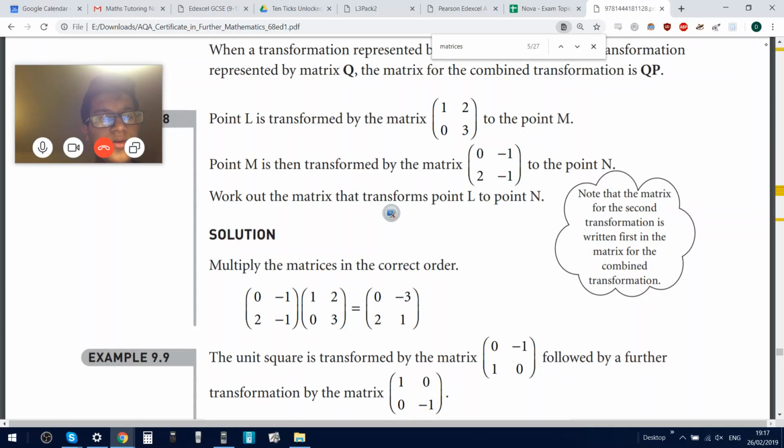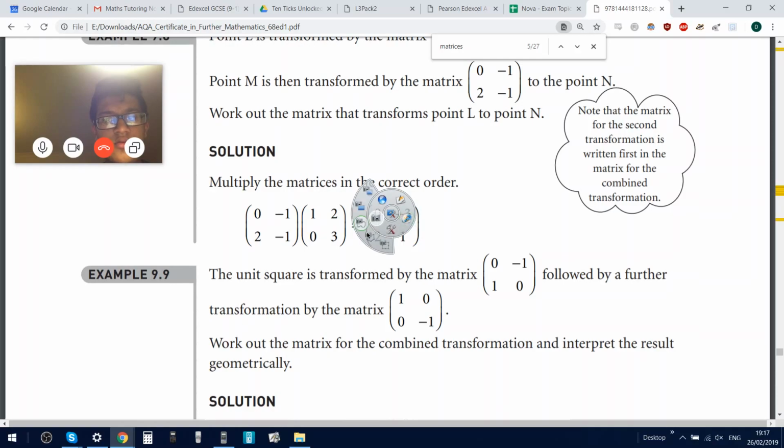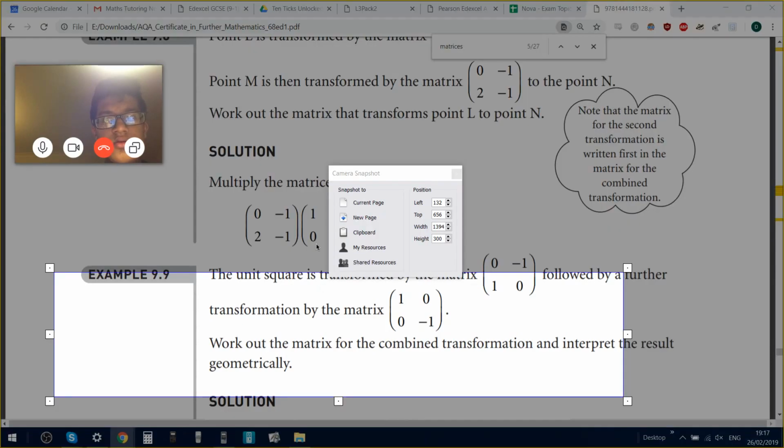So we have to do the second one first and the first one second. It's because with a matrix inside a matrix, you're working from the innermost bracket out, and we just save time by not writing everything in a bracket. We just do them quickly.